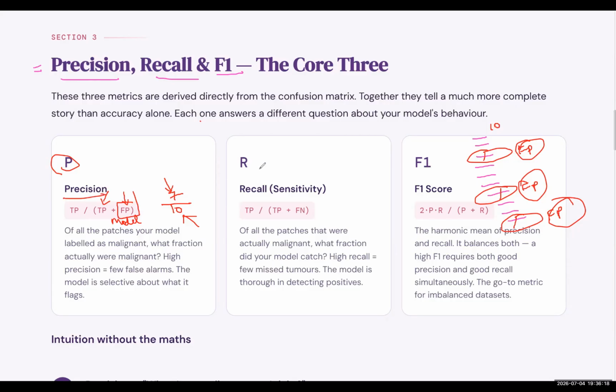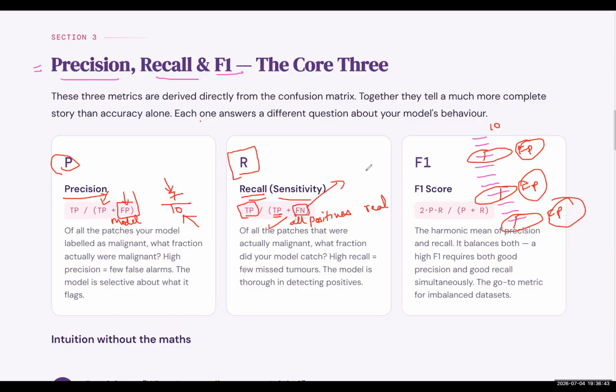But we also have another metric known as recall or sensitivity. Recall is the ratio of true positives to all the positives in real life. In real life, true positives are positive, but there are some false negatives also.